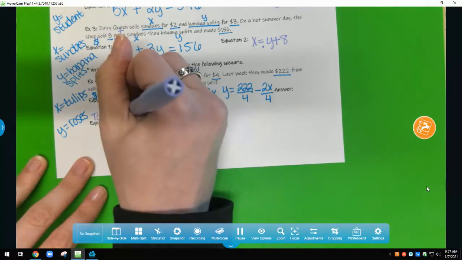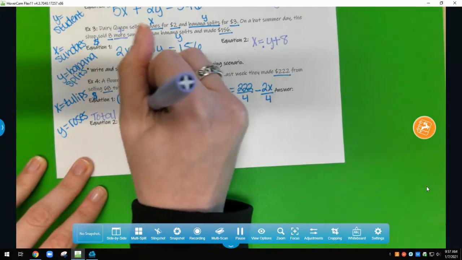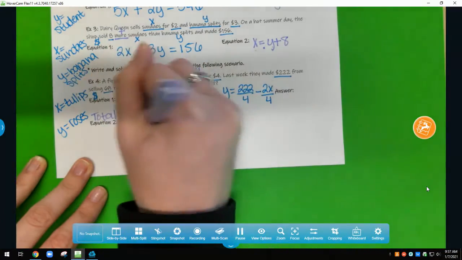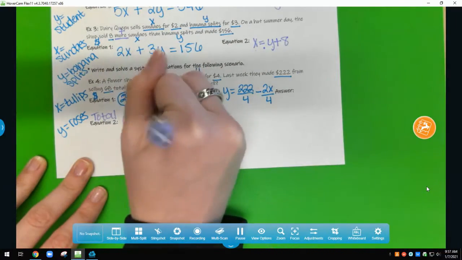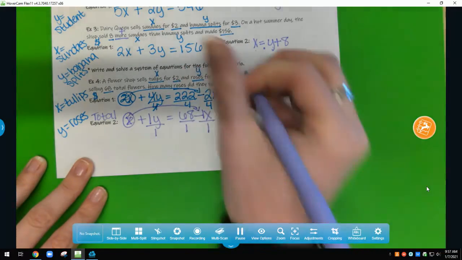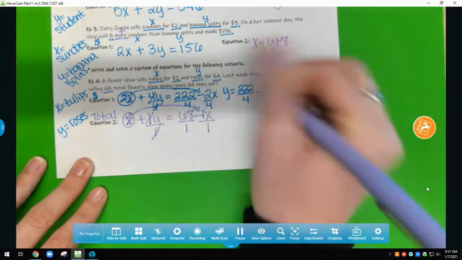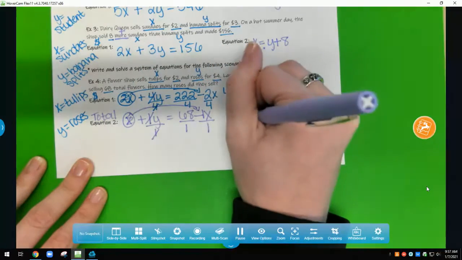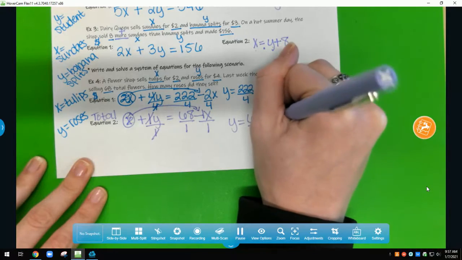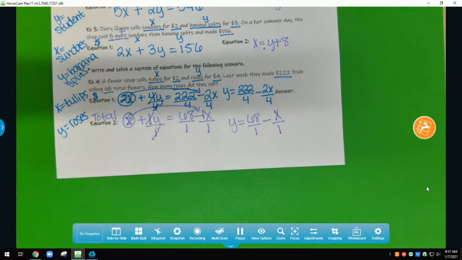For the second one, same thing. Move the x, change the sign. Remember, there's a 1 here, so we're dividing everything by 1. So we have y equals 68 over 1 minus x over 1.